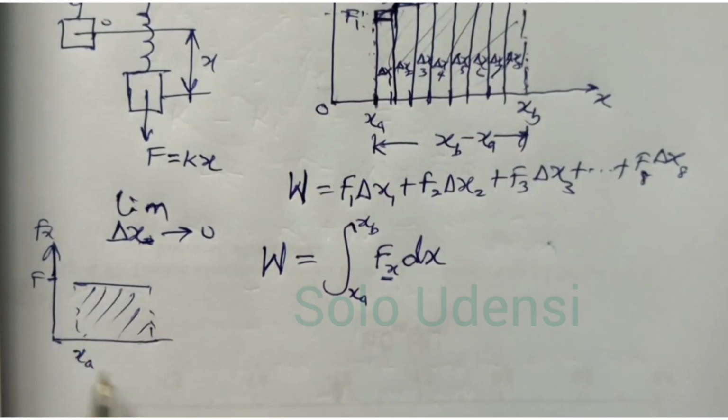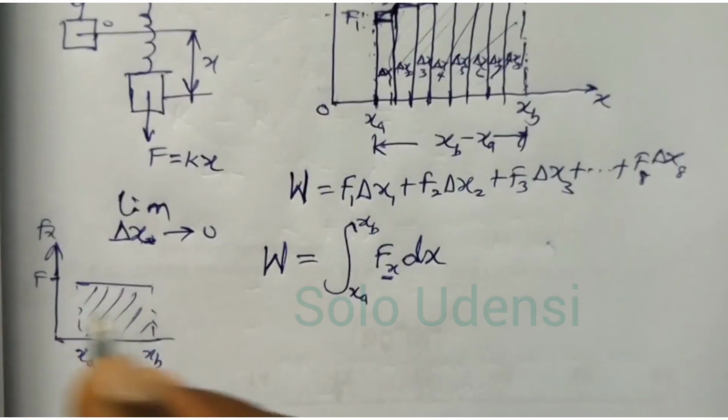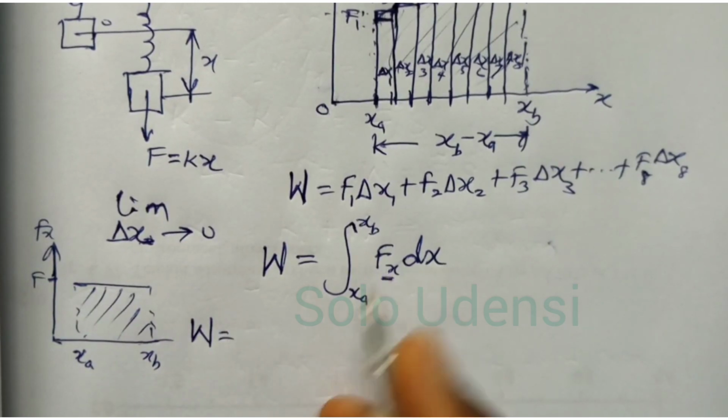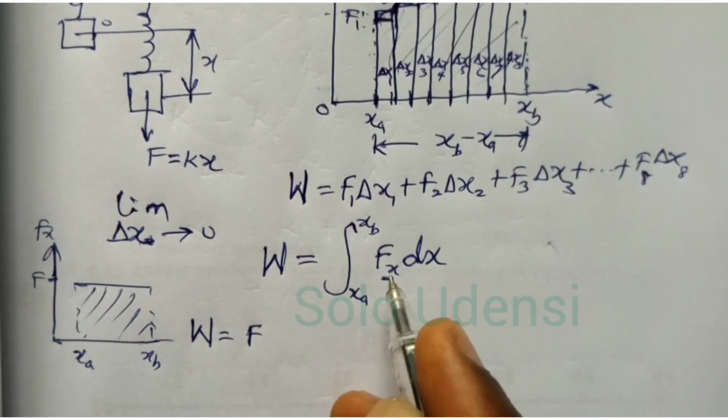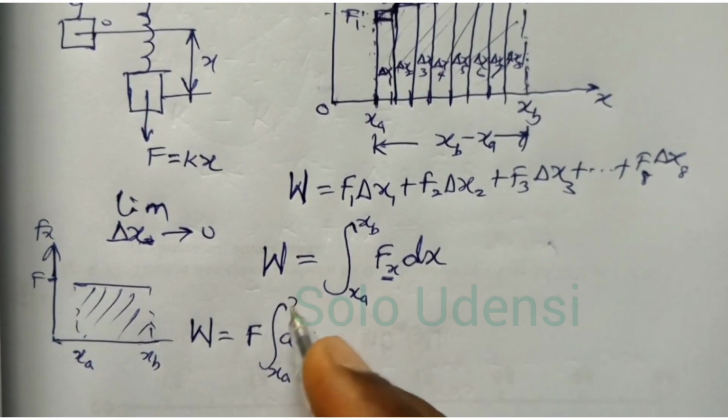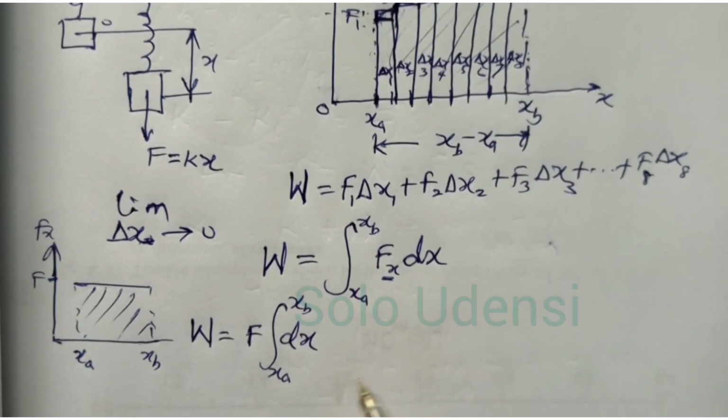So here is our xa and xb. For a constant force, since Fx is constant and equal to F, we bring it outside the integral of dx from A to B, for constant force.